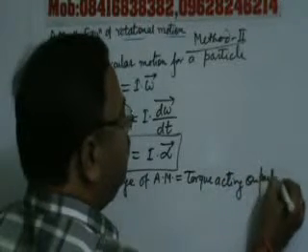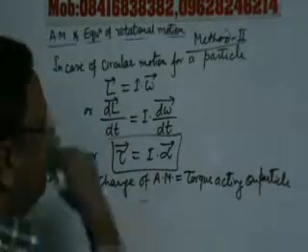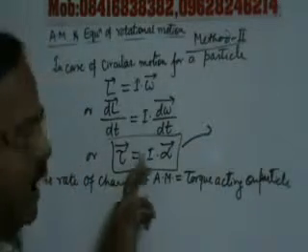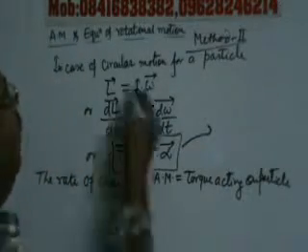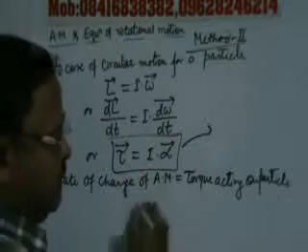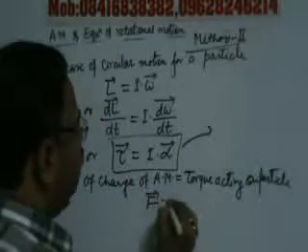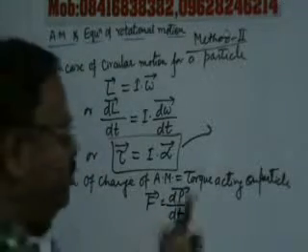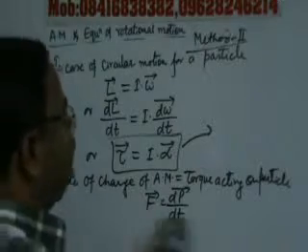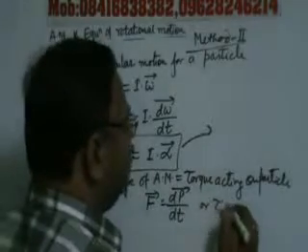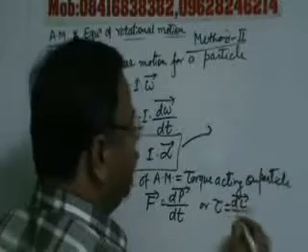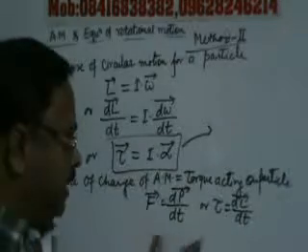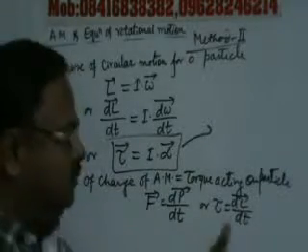This tau is equal to I into alpha, and it is very similar to the vector F equal to dp by dt, where force is the rate of change of linear momentum. In a similar way, tau is the rate of change of angular momentum. These two equations are analogous.